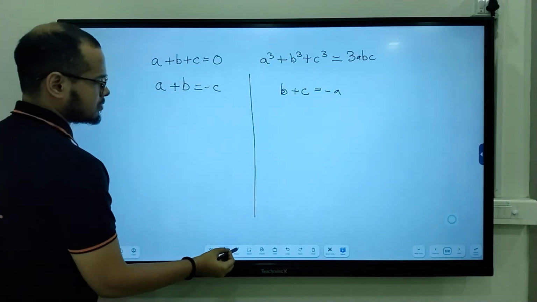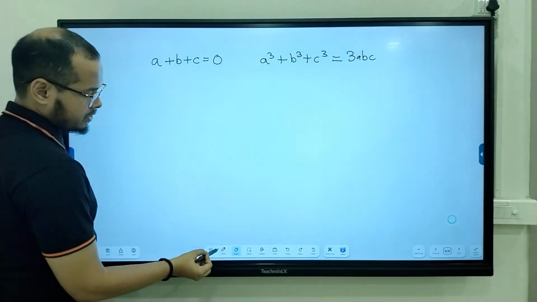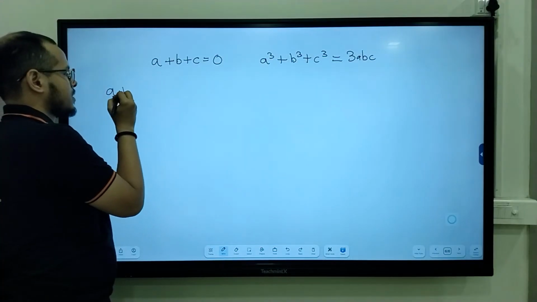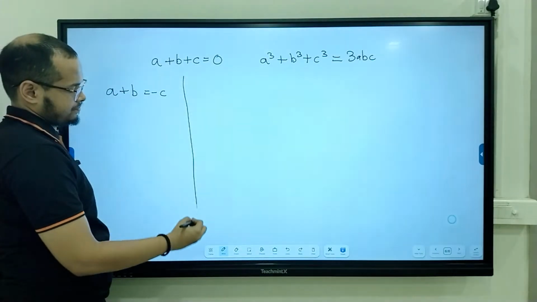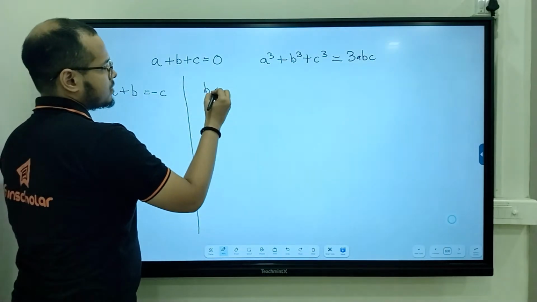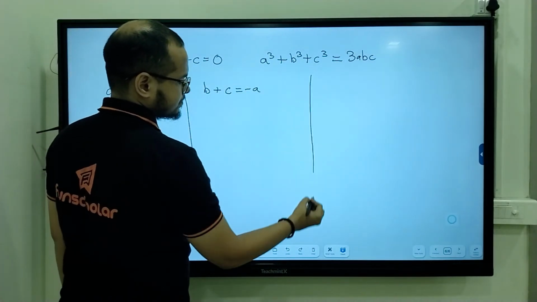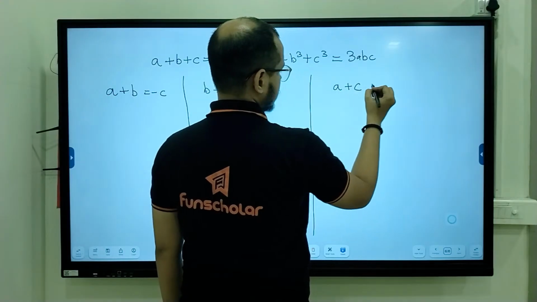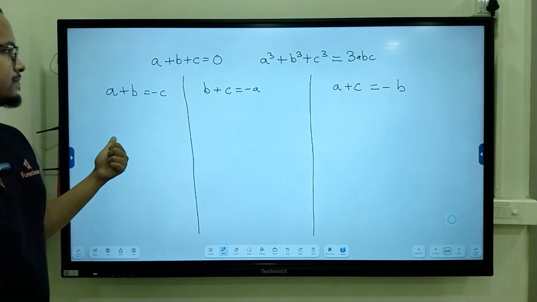Let me make sure that we are finding every possible way to do this. First thing, a plus b is equal to minus c. b plus c is equal to minus a. And a plus c is equal to minus b. Everything can be written, right, guys?